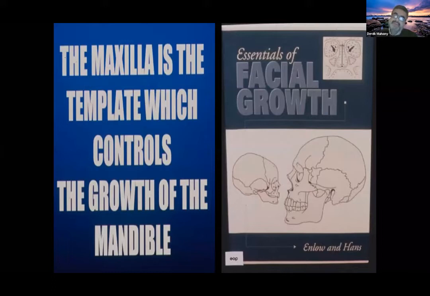And if you achieve good tongue posture, good airway, and prepare the maxilla for the growth of the mandible, nature takes over, and a lot of my spontaneous class 2 correction occurs after I fixed airway and developed the maxilla. And you'll see that in the work of Franchi and Baccetti in one of the papers that I'll show you. So from that, I'm saying the maxilla is the template which tends to control the growth of the mandible.